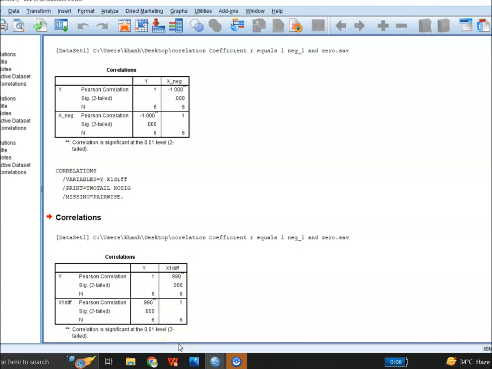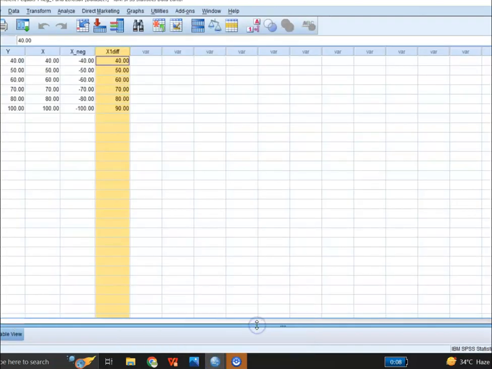There is a third situation in which the correlation coefficient between y and x would be 0. In the real world, if we have two series, it is not possible for them to have exactly 0 correlation. There must be some statistical relationship, either positive or negative.